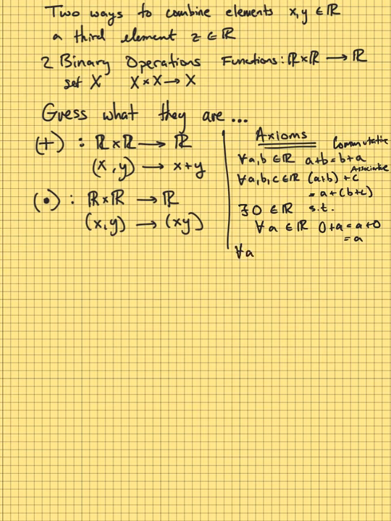This is usually called the identity, just because, like the identity function, this doesn't do anything to a. There's also an inverse, which you think of as also like an inverse function. For every a in R, there exists a negative a in R, so that a plus minus a is minus a plus a, which is 0.